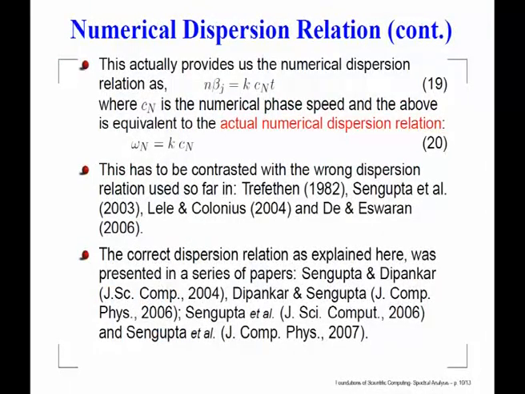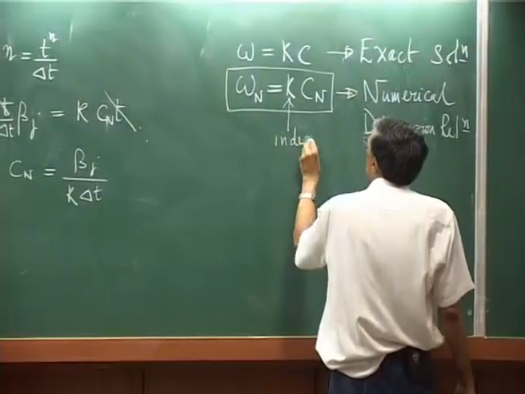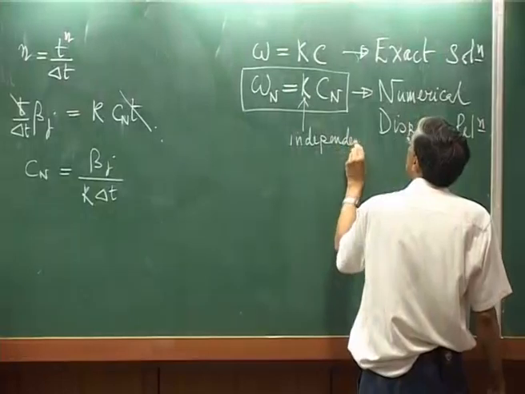It started with Professor Tefatan's work in 1982, then Lele, Colonius, ourselves, and this is Professor Ishwaran from Mechanical who copied our work wrongly, and that's what they also ended up doing wrongly. So, what you understand here is that your independent variable is k. What was the mistake people were doing wrongly before?